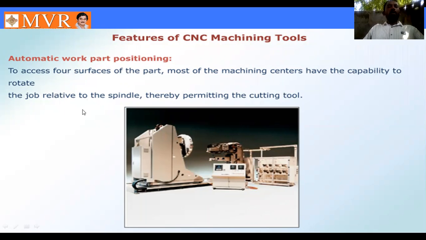The job is related to the spindle, thereby permitting the cutting tool. For example, we can take one tool and one object, choose the work part positioning for that object, and from those positions we can drill.